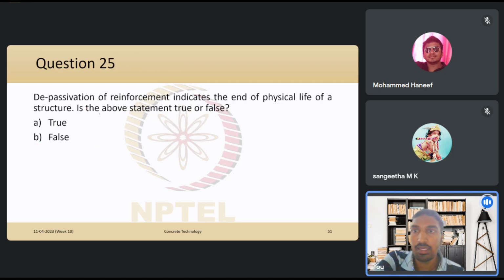Okay, question 25: depassivation of reinforcement indicates the end of physical life of a structure. Is the above statement true or false?